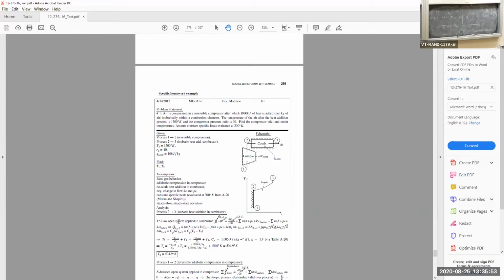Let me give you the processes here. So we have a given section. Given: gas in a piston cylinder device. Your initial volume for the gas, V1, is equal to 0.4 cubic meters.